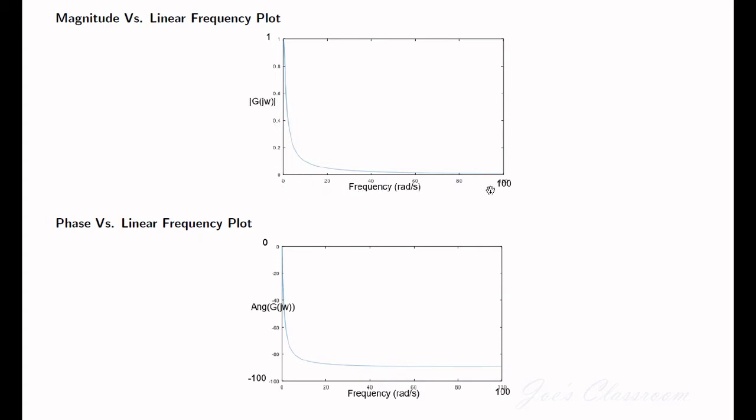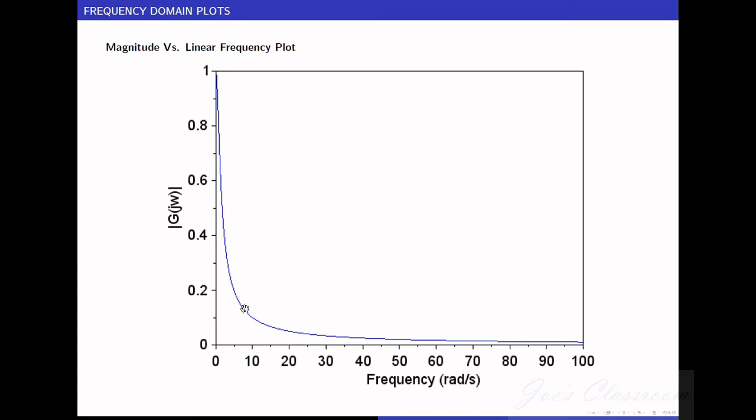The magnitude plot is redrawn here, and you can notice that the magnitude plot is drawn for a frequency range from 0 to 100 radians per second, and we are able to see that at lower frequency, not even up to 10 radians per second, maybe around 1 or 2 radians per second, the gain is almost close to 1, and then it decreases sharply.